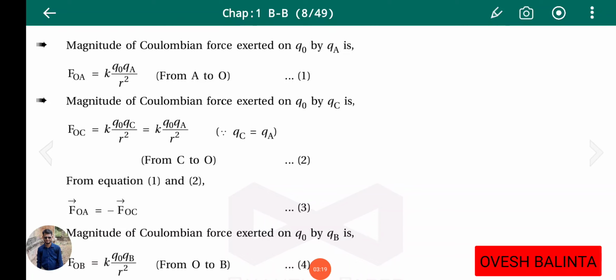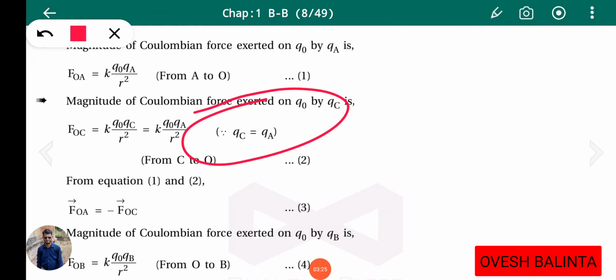Since QC is equal to QA, we write FOC is equal to FOA. But from equation 1 and equation 2, we can say they are opposite forces. FOA is equal to minus FOC.